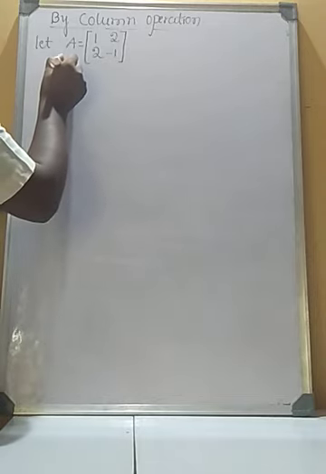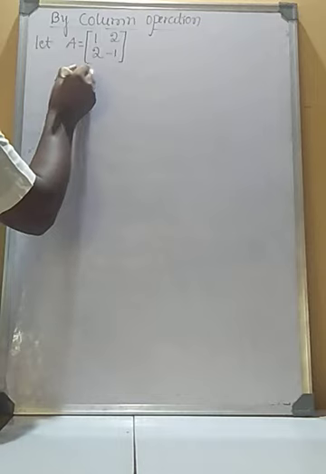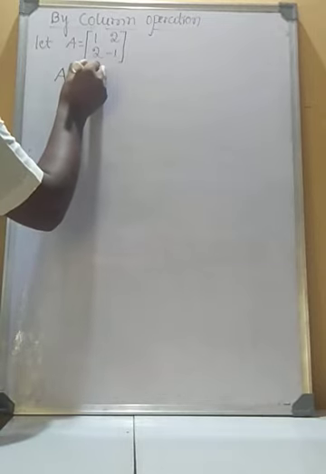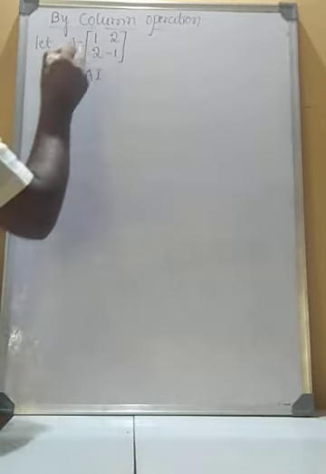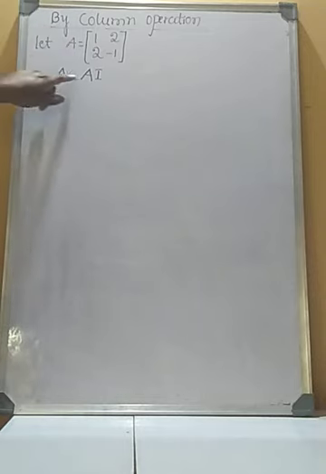In order to use elementary column operation, we may write A is equal to AI. By row operation, A is equal to IA. This is now by column operation, so therefore A equals AI.